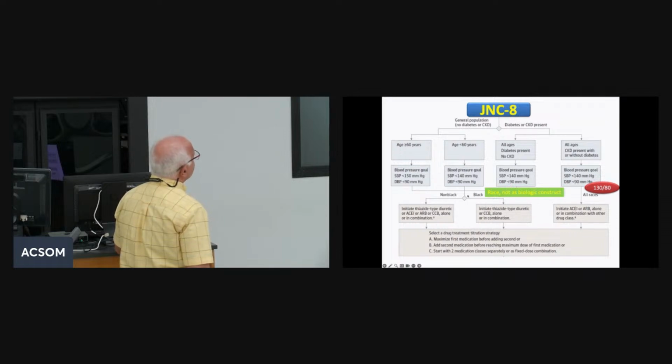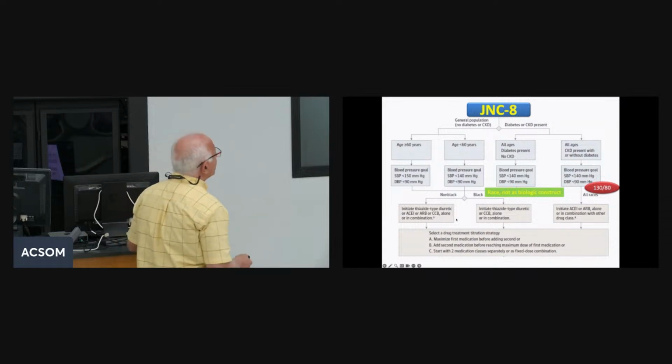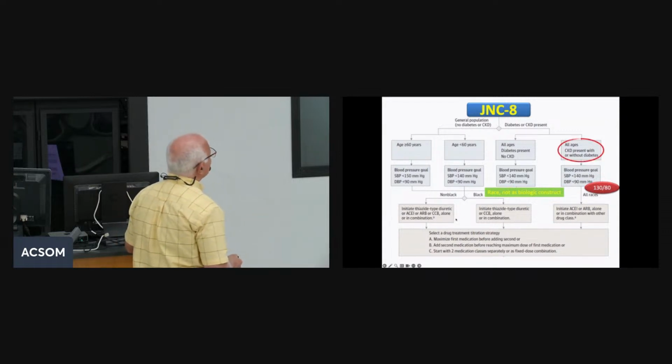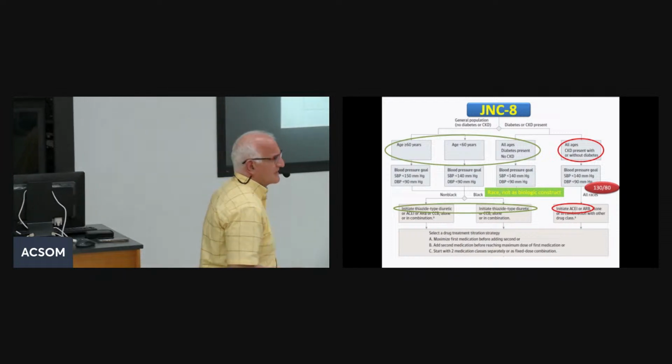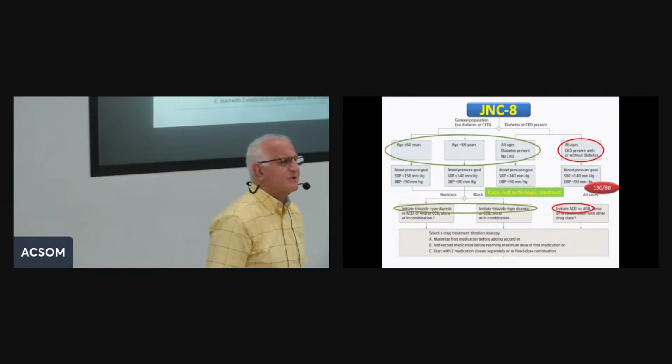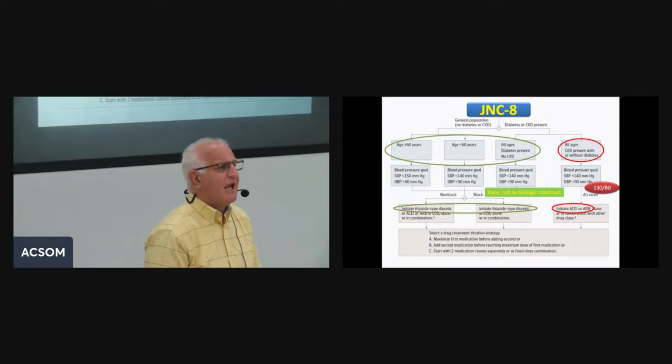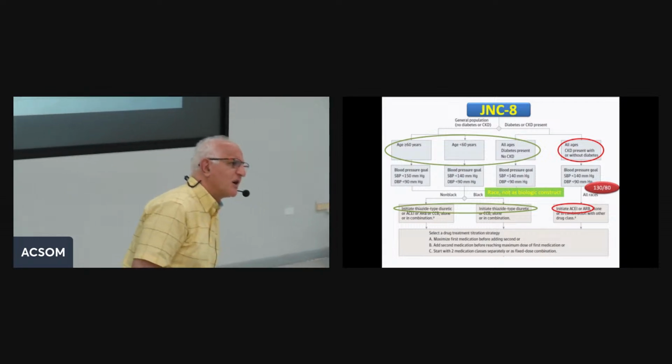For the other ones, they say if black or non-black, do this. The bottom line, to make it easy, I tell you this. If I have CKD or diabetes, ACE inhibitors are the way to go. If not, thiazides would be good.